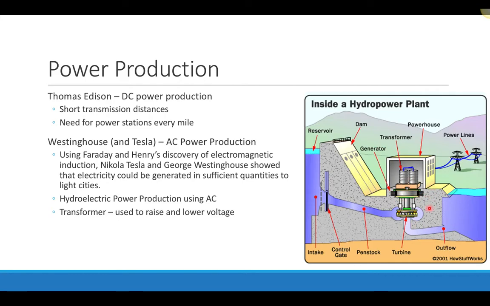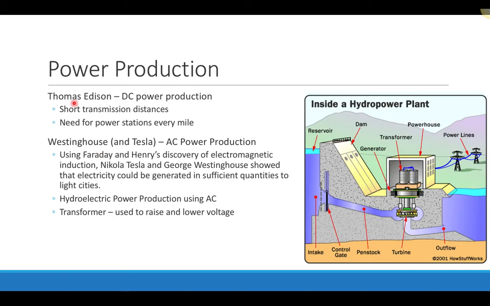As the coils turn in the presence of a magnetic field, it generates electricity. There's also something called the transformer that's here, and from that we can send out that electricity through the power lines and to our homes. We're going to talk about the transformer a little later, but the transformer is actually very important.